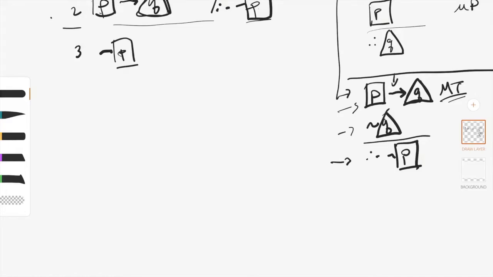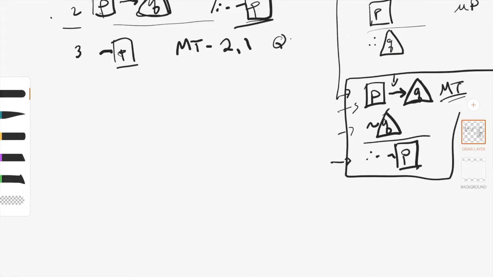On line 1, we have the negation of everything in the triangle. And on line 3, we have the negation of everything in the square. Why did I say it in that order? Because that's the order of the schema of modus tollens. So we will write modus tollens applied to lines 2 and 1. And because the conclusion is exactly what we were after, not P, the proof concludes successfully.